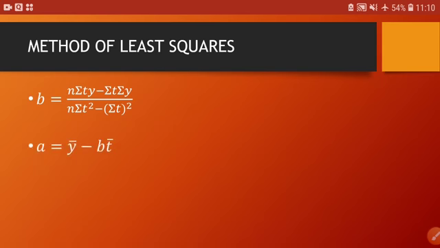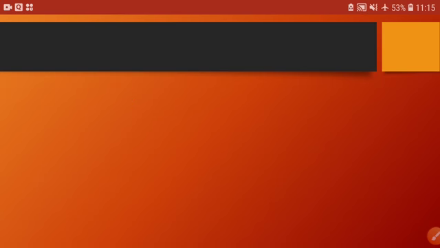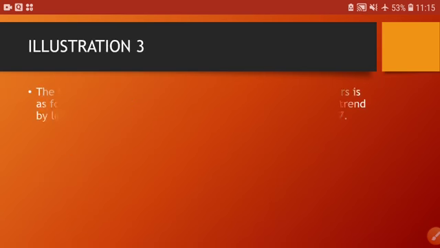Then we need to find a is equal to y bar minus b t bar. Then our third step was to find y cap. y cap is equal to a plus b into t. Then we have seen illustration number 3.